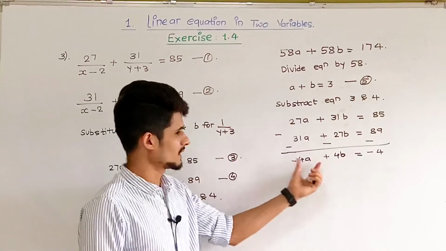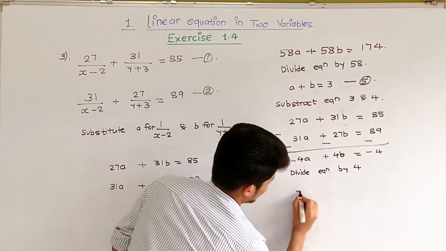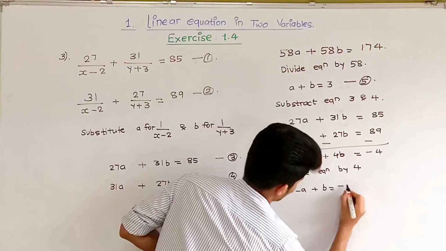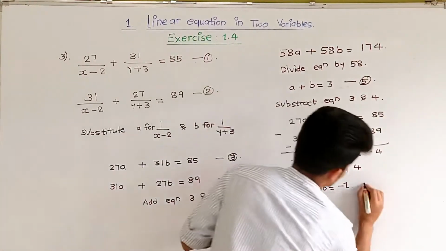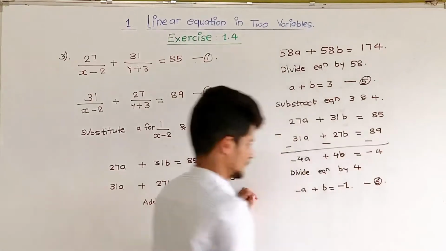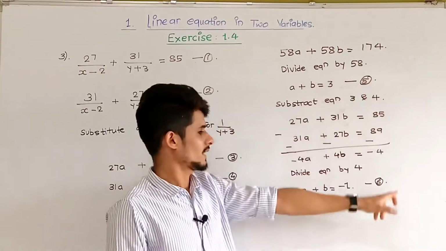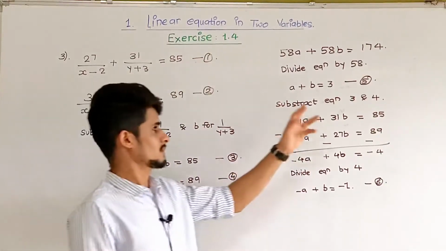So now we'll divide this equation by 4. So we'll get minus a plus b is equals to minus 1. So this is equation 6. So now we have got equation 5 and equation 6 by adding and subtracting.